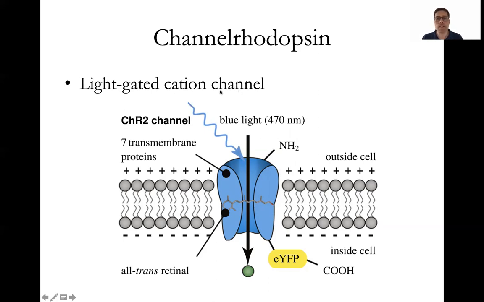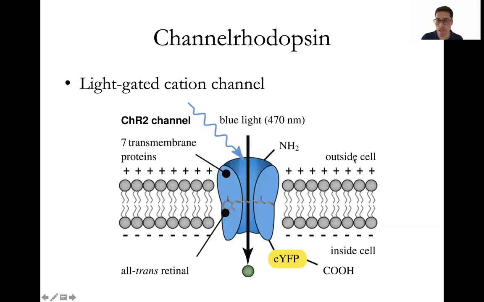And it being a channel is important in the sense that when it absorbs light, like any ion channel, it allows ions to flow into the cell. So if you embed this protein, shown in blue, into a membrane, a phospholipid bilayer, like the membrane of any cell, when you shine light on that cell, the ion channel will open. This retinol molecule inside the protein will change conformation slightly, allowing this pore to let ions into the cell.